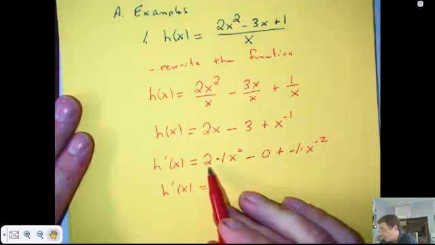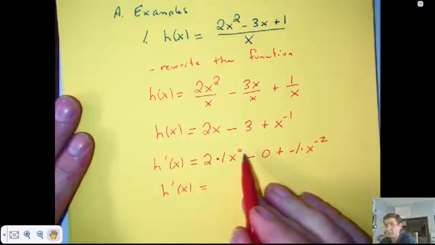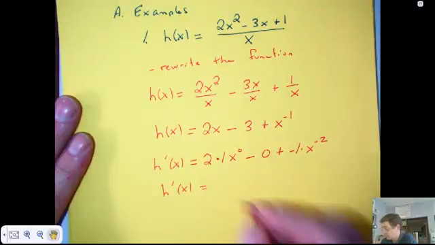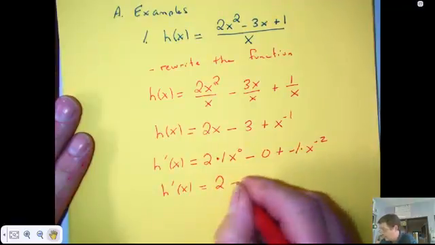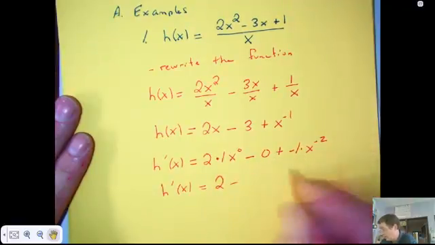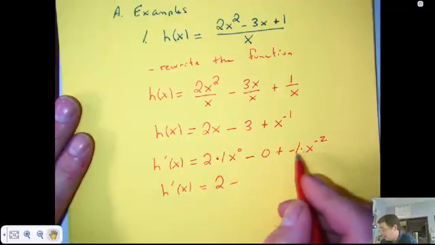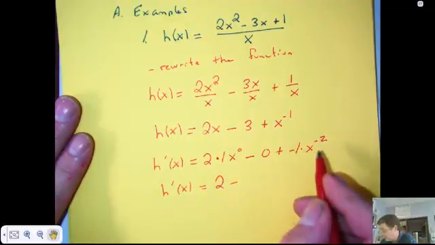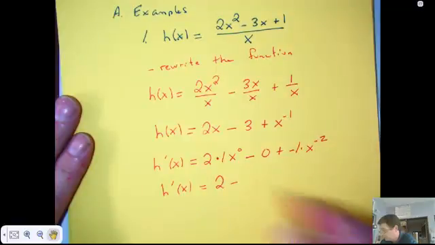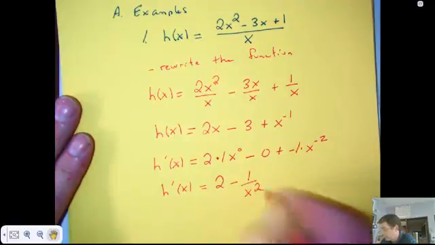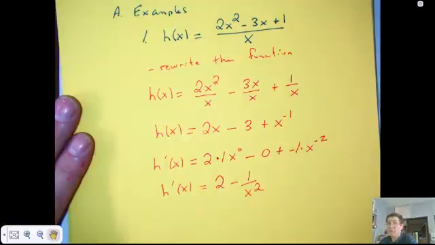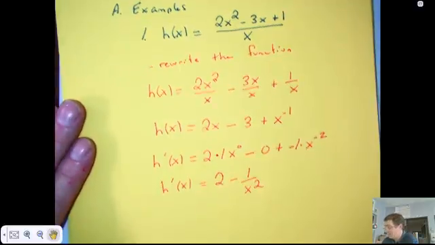So what's 2 times x to the 0? Just 2, right? And then how should I rewrite this? Well, negative 1 times x to the negative second equals? Minus 1 over x squared, right. And that's even better. But in fact, we often don't like to leave it like this, although it depends on the problem.